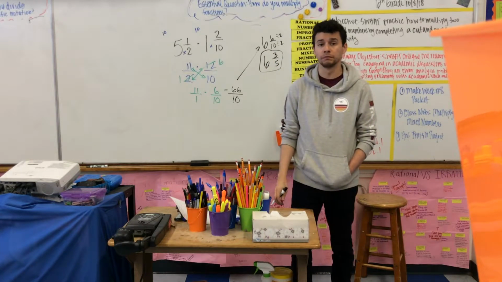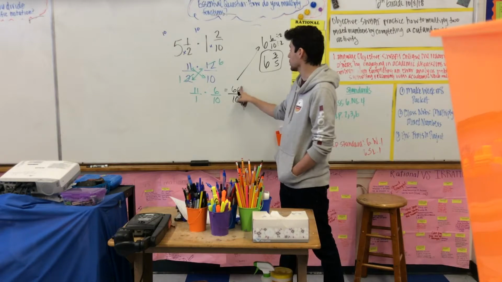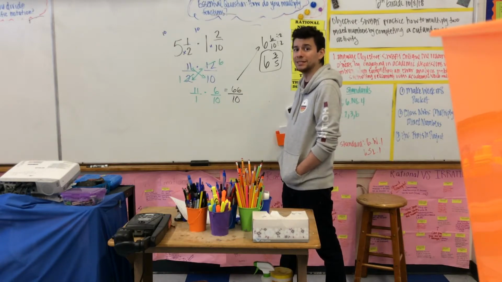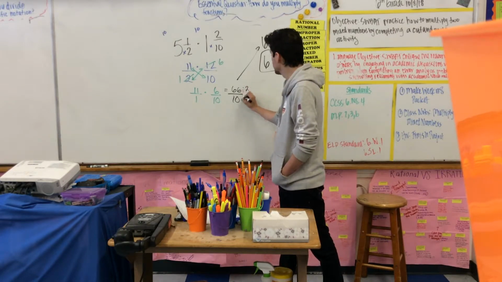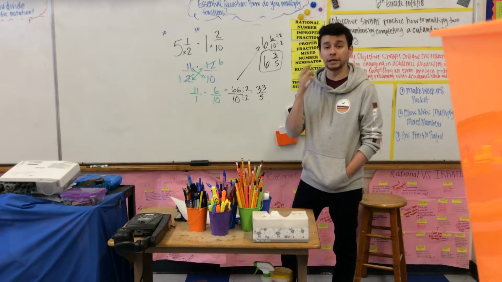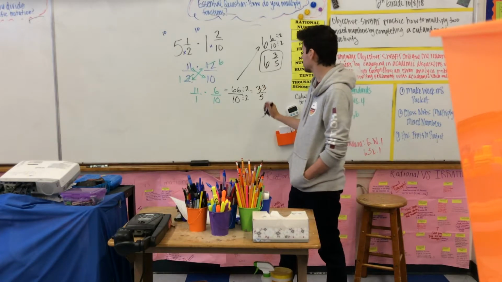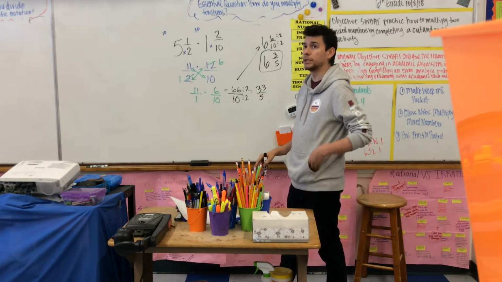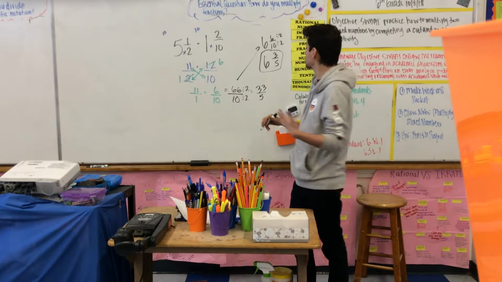That's one method. The other method for this one was, well, I could see I could reduce this easily. I could reduce this by 2 here. Gives me 33 over 5. Now I could turn that into a mixed number because that's improper. 5 goes into 33 6 times. And a lot of you guys are having trouble with this.